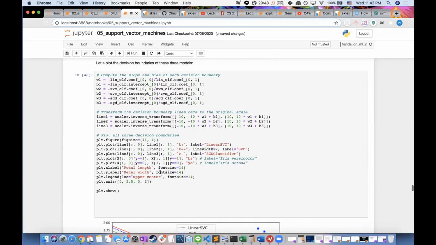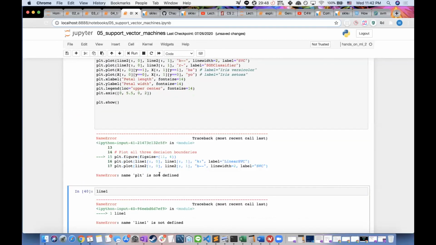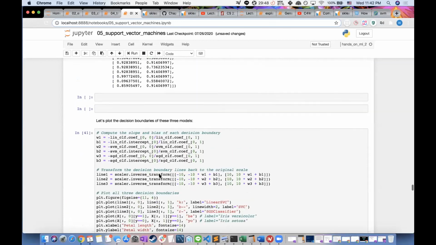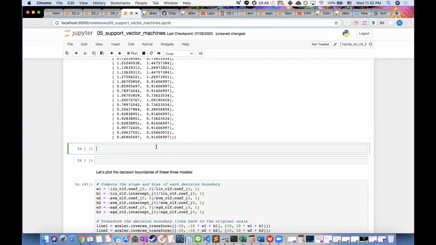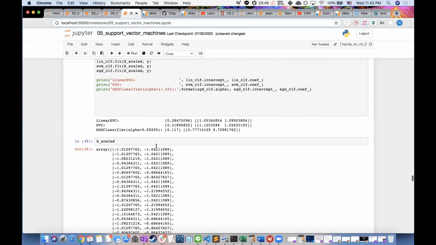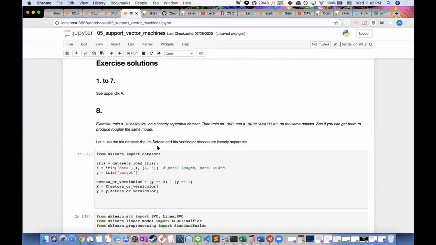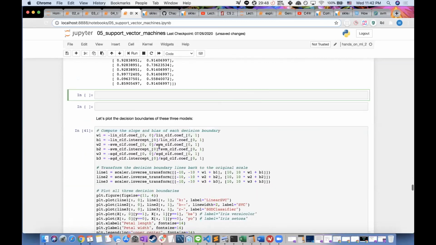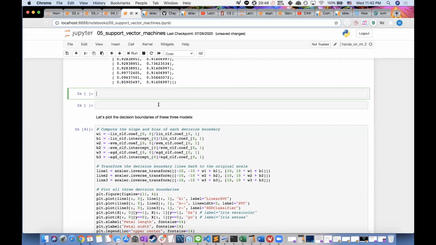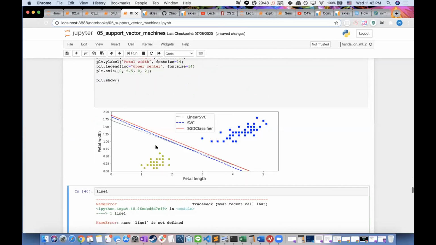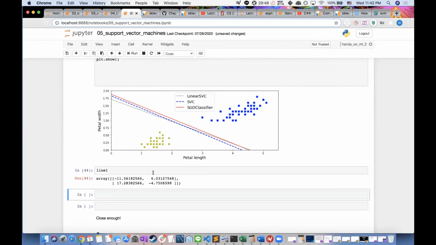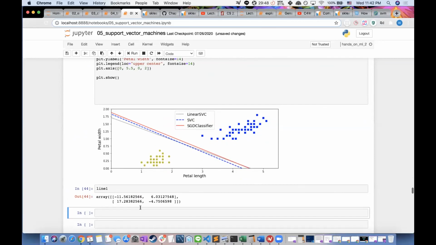Oh, I didn't run that. I didn't import. You can run the very first cell. There you go. Okay, so that's what it looks like.